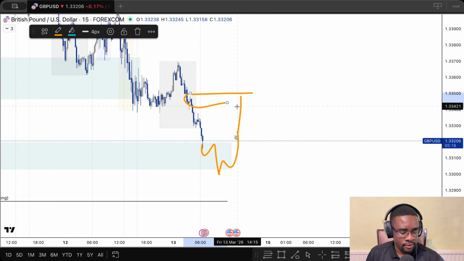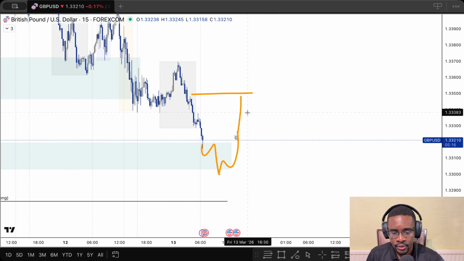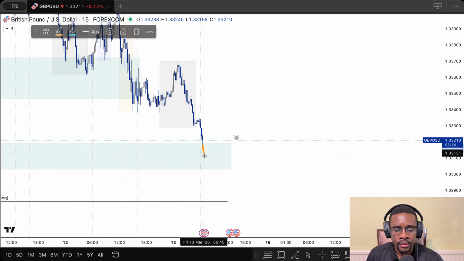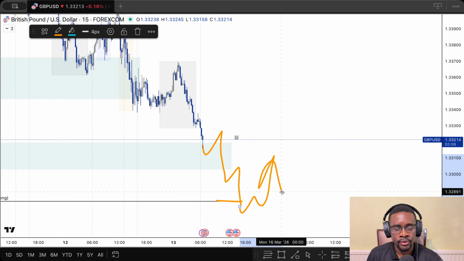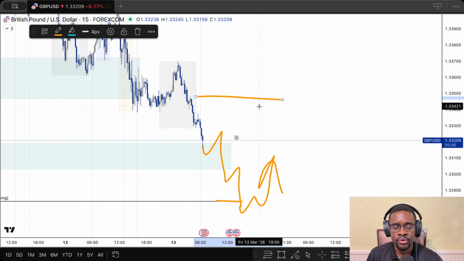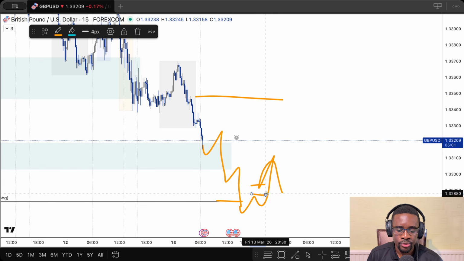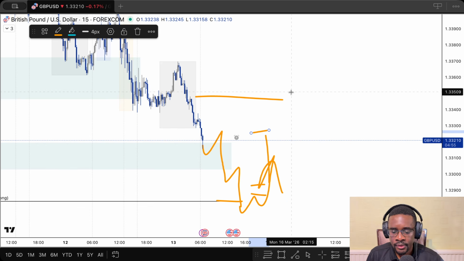If that fails, then we'll be looking for price to continue until it sweeps this area, and then start looking for longs from there towards mid-range again. Or at least just target your 3R, and then once you get your 3R, you're out of the trade. And yeah, that should be it.